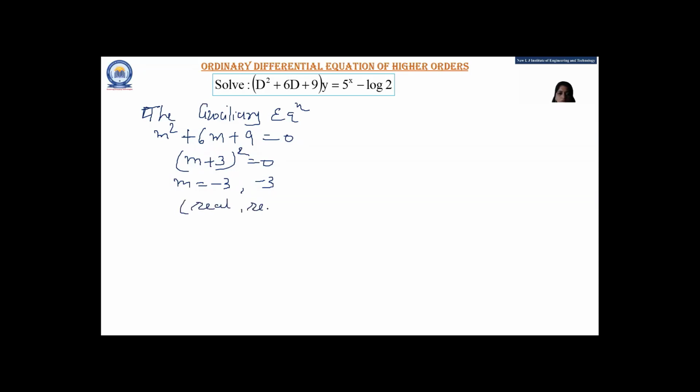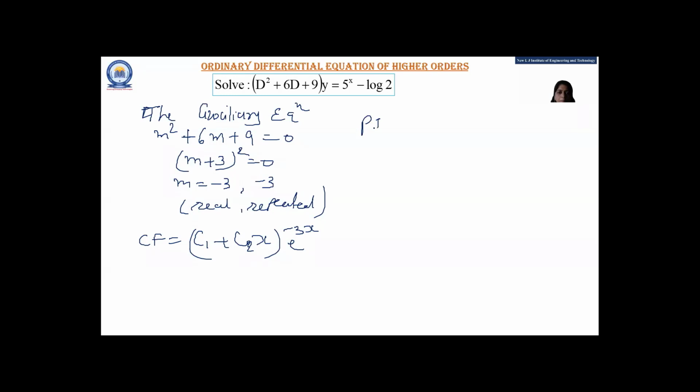So as both roots are real and repeated, as per case 2, your CF is C1 plus C2x e raised to minus 3x. And this is one part.